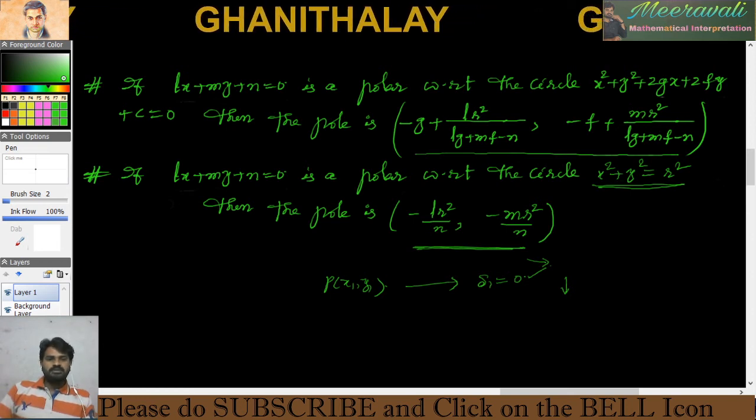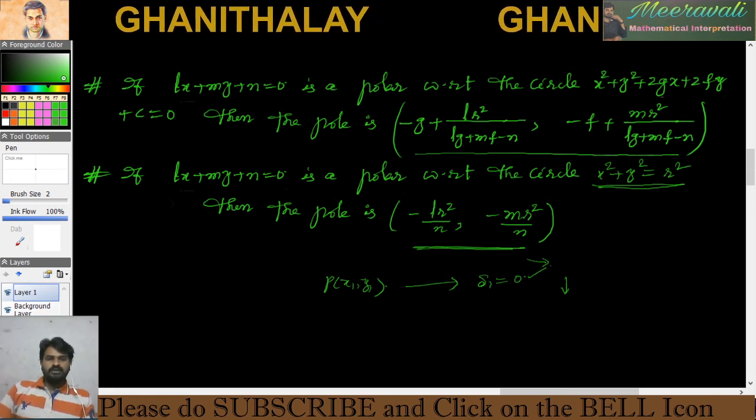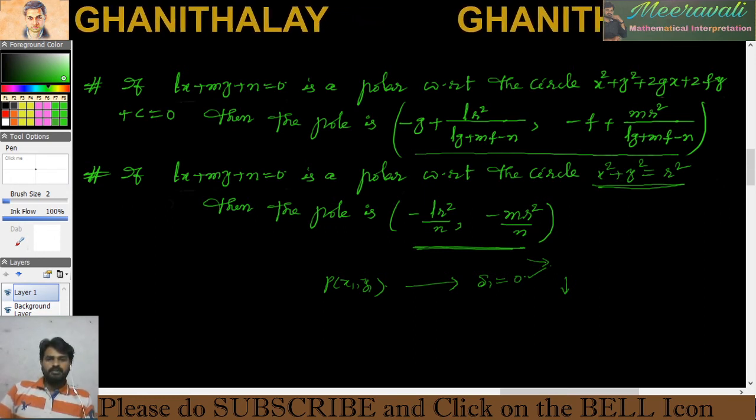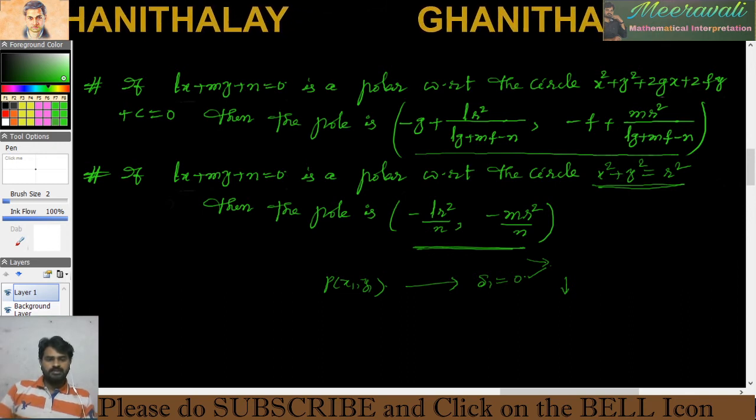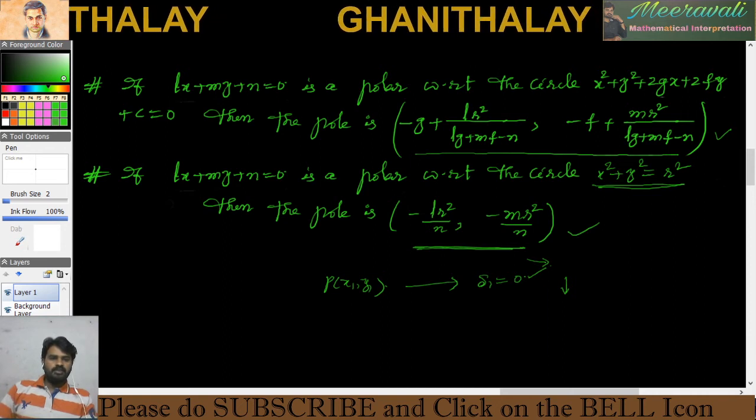Then you can solve and get x1 and y1. That is the way to find the pole of the polar. That is the procedure, and the very short procedure follows from these two formulas.